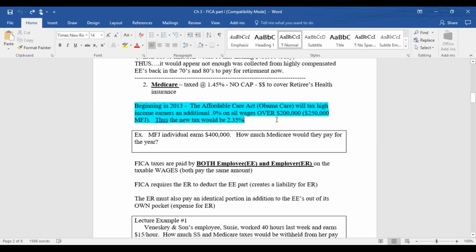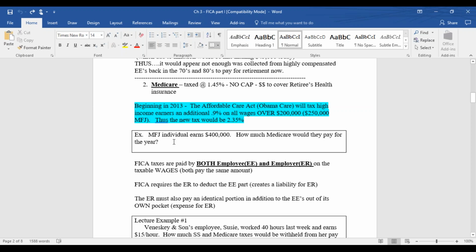What I mean by that is, if you are single, the first $199,999 that you make is taxed at 1.45%. Once you hit 200,000 and go over, the next dollar that you earn will be taxed at the higher rate. So not all of your money is taxed at the higher rate. It's only the amount that is over.